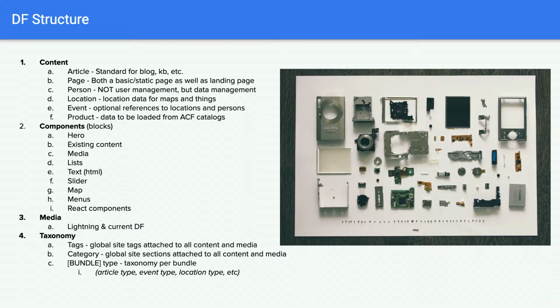So going back again to the article, you have an article content type, right? And it's got a title, maybe a subtitle, maybe an image, and a body field, some taxonomy fields. You don't need much more than that. But is it a blog? Is it a knowledge-based article? Is it a press release? Is it an actual article, which is somehow different from a blog sometimes? It depends. You might want to do different things with those.